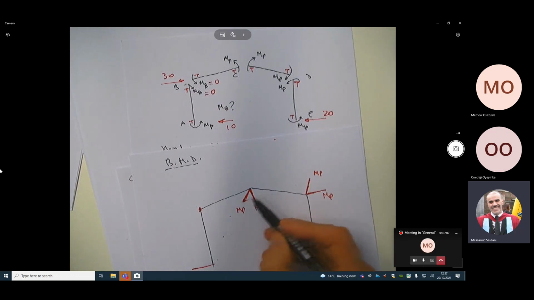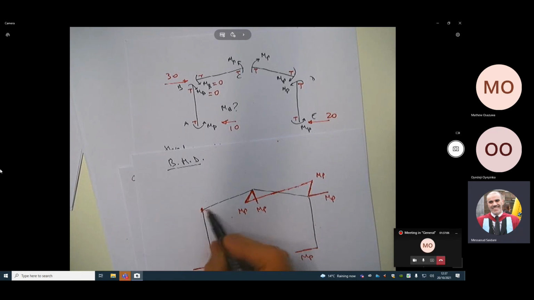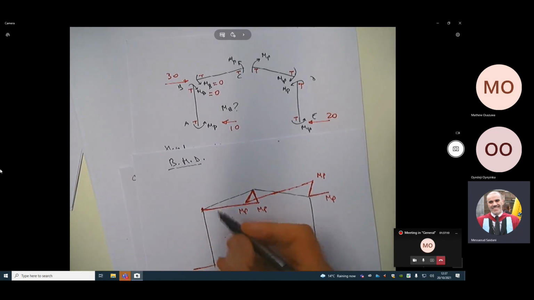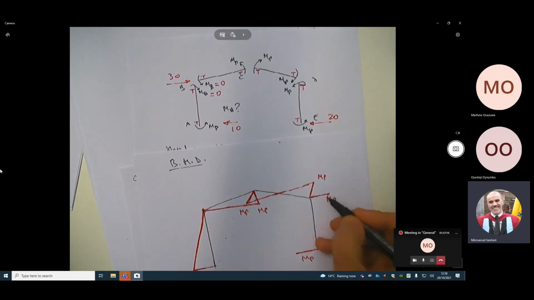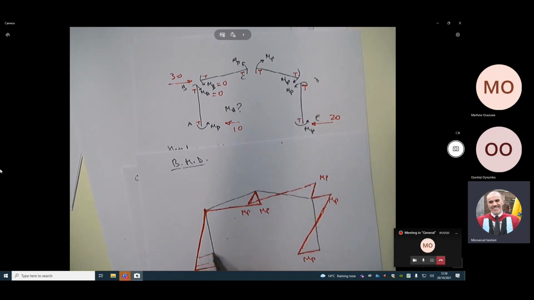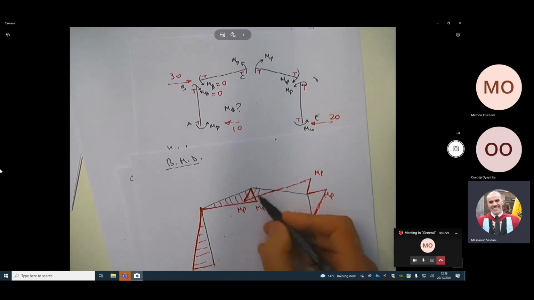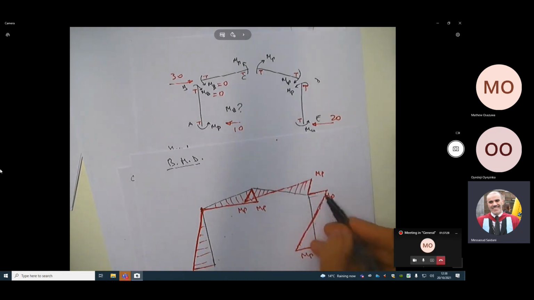You join these two together, and you join this and this one here, and you join this one to A, and finally you join these two together. And this is the bending moment diagram for the frame for this particular load combination of H and V.